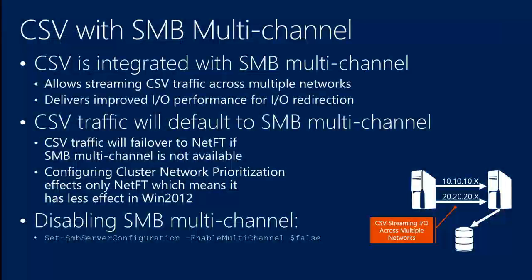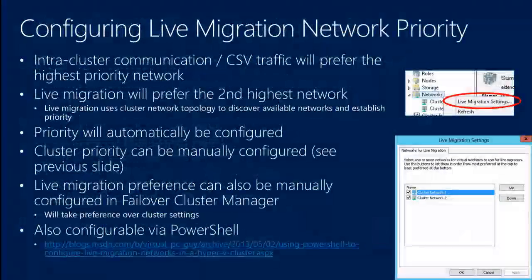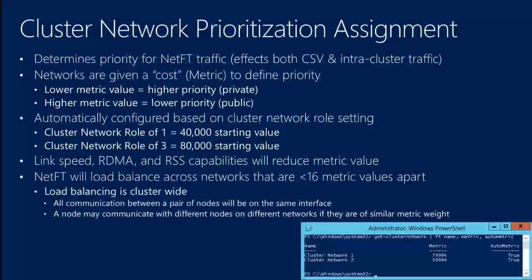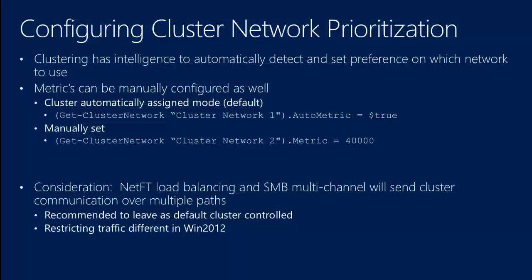So there's the magic. Just remember this: CSV uses SMB multi-channel logic. If SMB multi-channel is not available, then it falls back to NetFT logic, and NetFT logic uses the metric values I showed you on the previous slide.